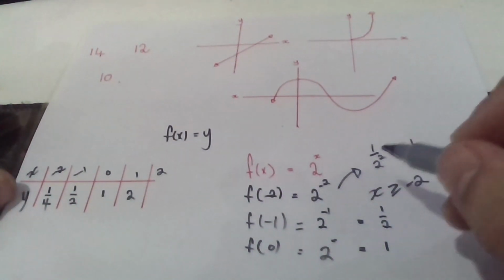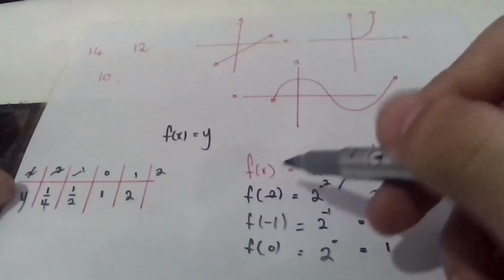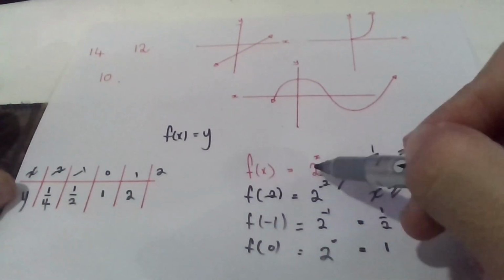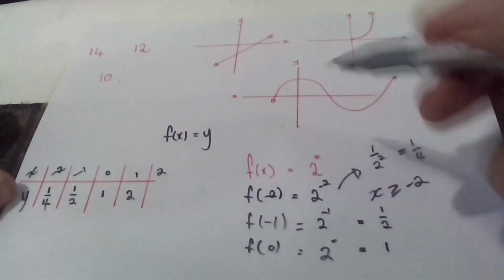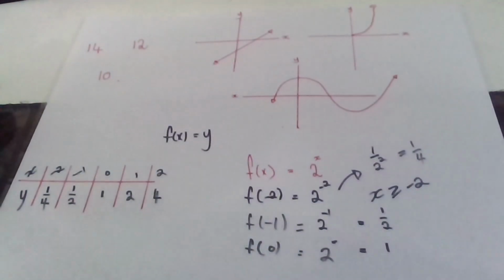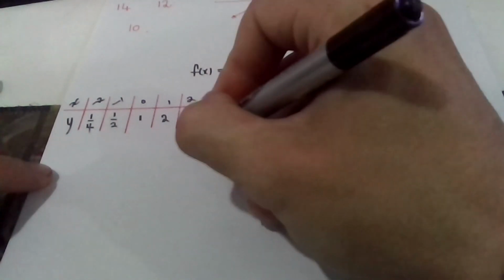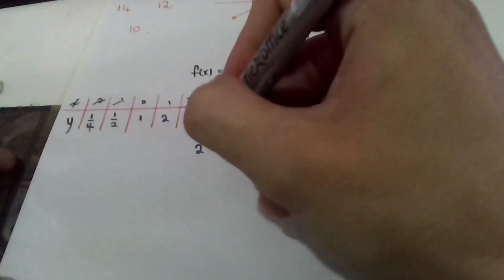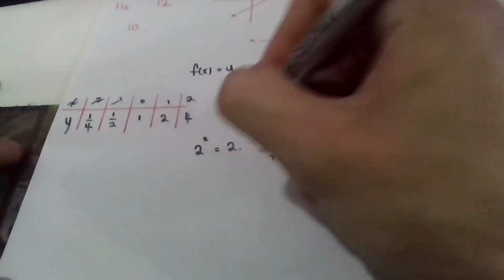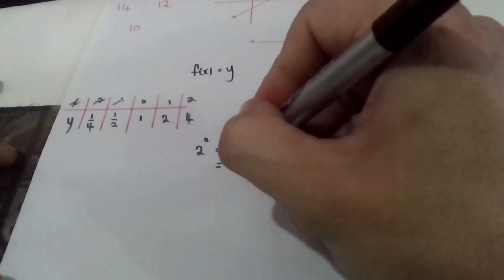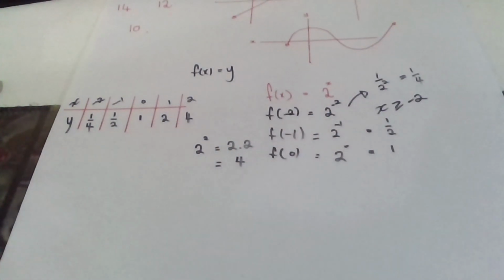For our final one, we have f of 2. f of 2 is equal to 2 to the power of 2, which is 4. To the power of simply means, let's say I have 2 to the power of 2, that means 2 multiplied by 2, which is equal to 4.